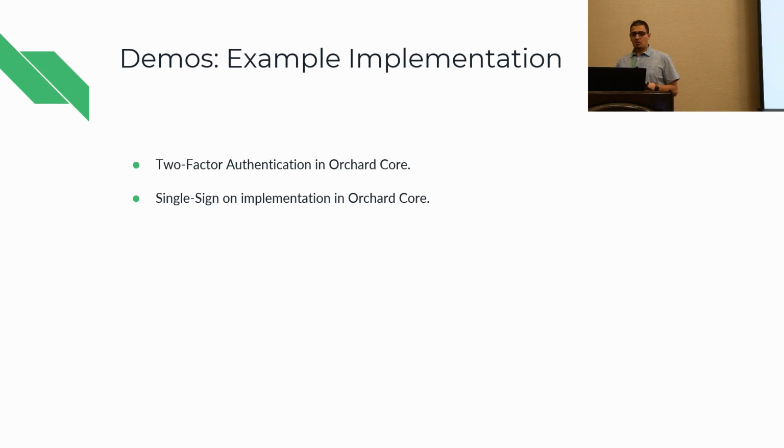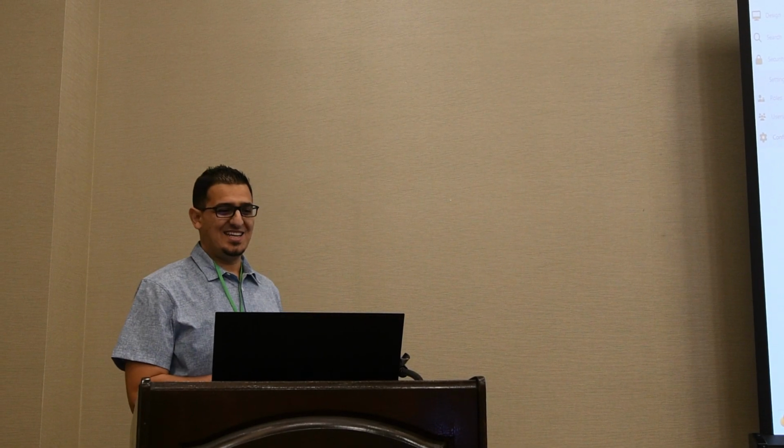So I'm going to go through some demos to see how we can accomplish some of these concepts that we talked about in Orchard. How can we create a single sign-on server provider where I can have all my apps connect to it? And also, how can we enable two-factor authentication with what we already have out of the box? All right, so again, to create multiple sites.